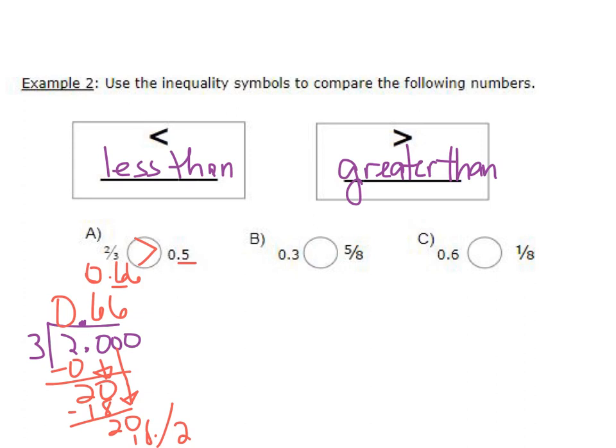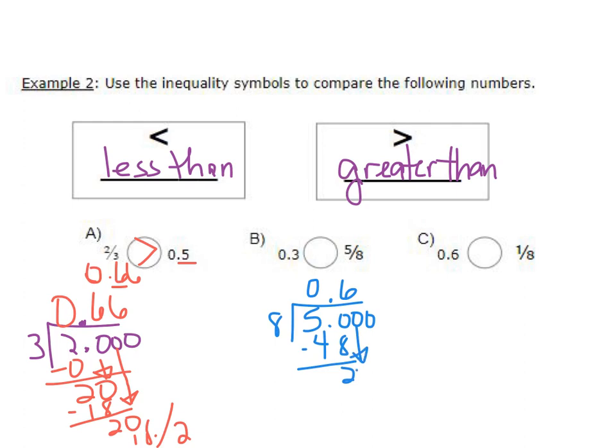Okay, so let's go to the next one. We have 5/8 and 3/10. I'm going to put 5 divided by 8, add a decimal and zeros. So you have 8 into 5 is 0 times. 8 into 50 is 6 times, which is 48. Remainder 2.